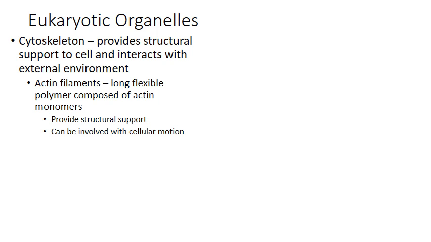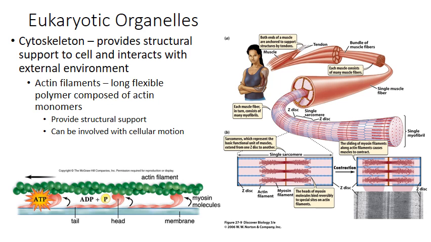So all the cells in our body don't just go off and do their own thing and do whatever they want. They all have to communicate with each other and make sure they're all acting in a concerted motion to be the most efficient. So we're going to talk about a few different parts of the cytoskeleton.